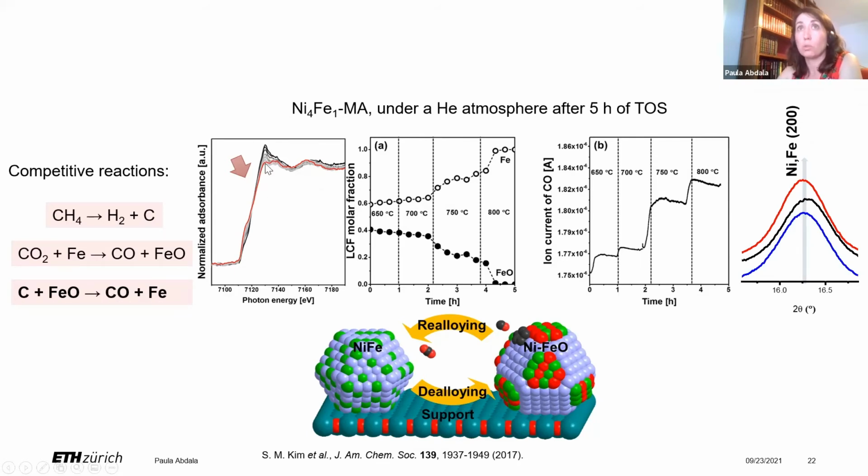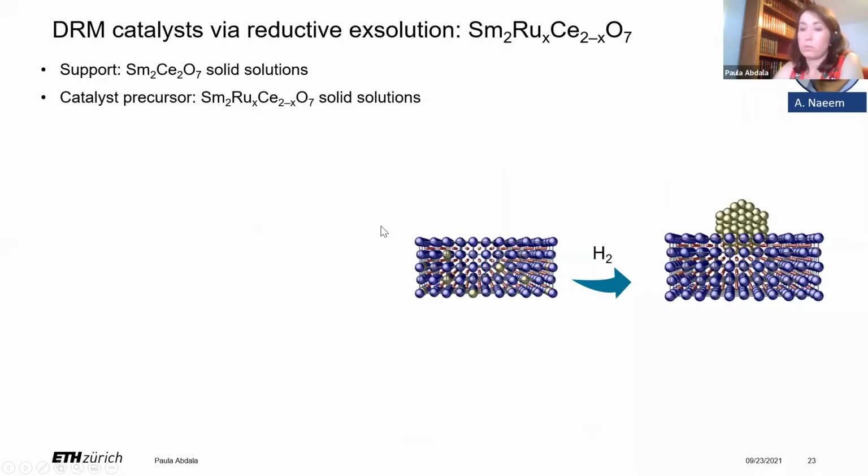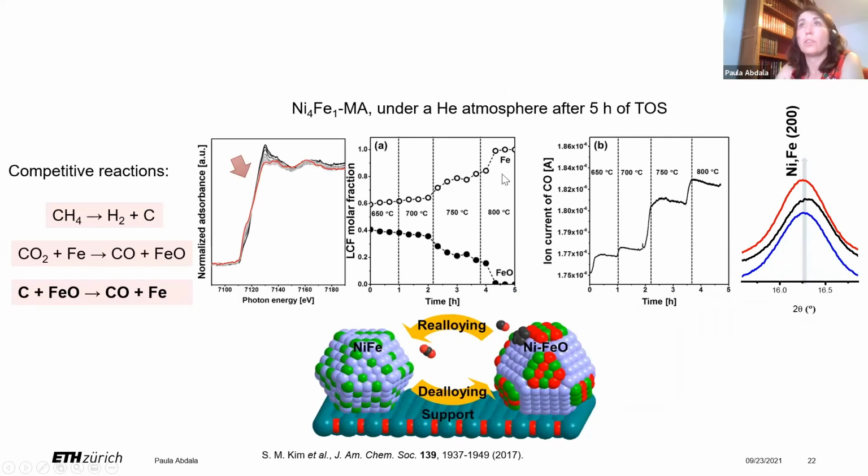And this is what we observe, indeed. At the reaction condition, this is rather slow, so we increased further the temperature in order to accelerate this reaction. And at the end of the treatment in helium, we end up again with metallic iron as initial.